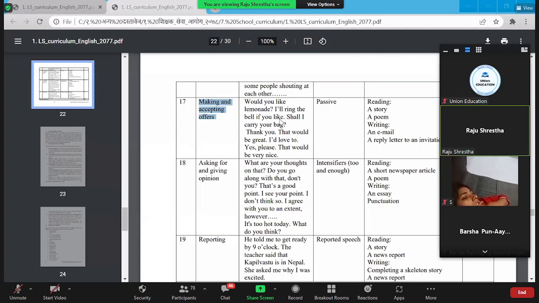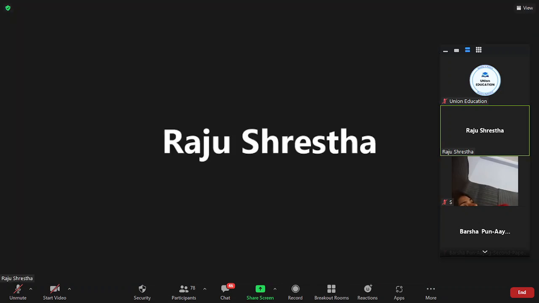This kind of structure. Shall I plus verb? Shall I carry? Shall I do? Shall I complete? Shall I do for you? You have to offer to them. So remember these structures, then we can go to the earlier pattern.